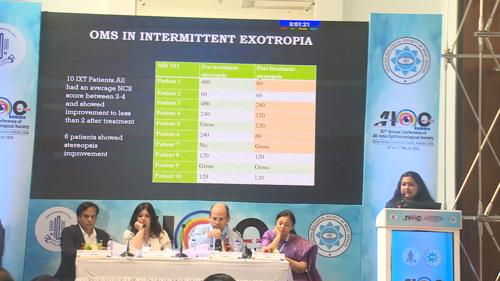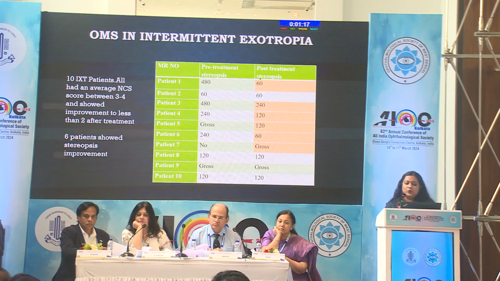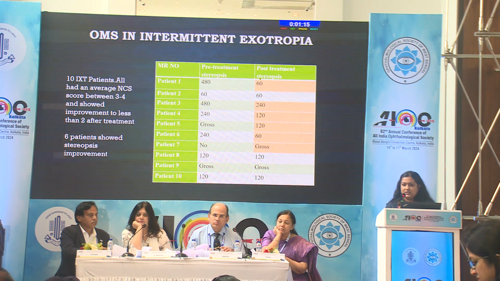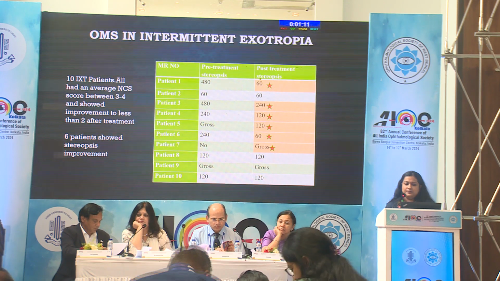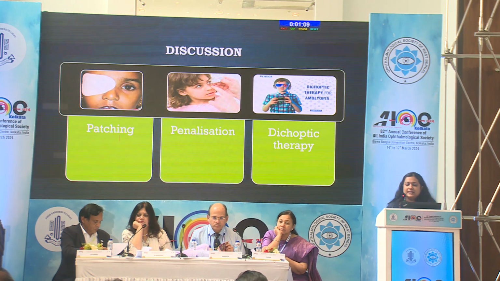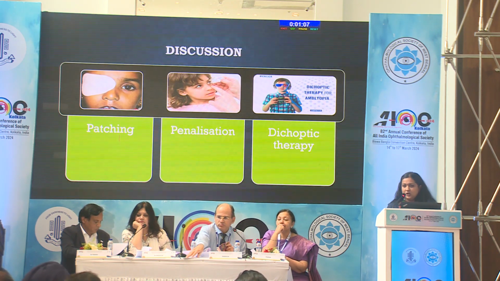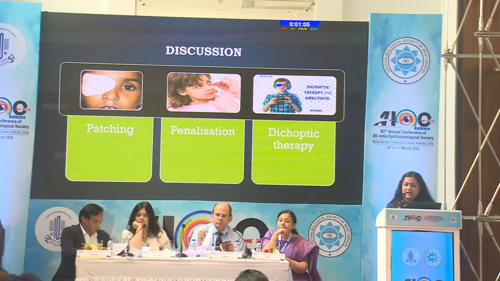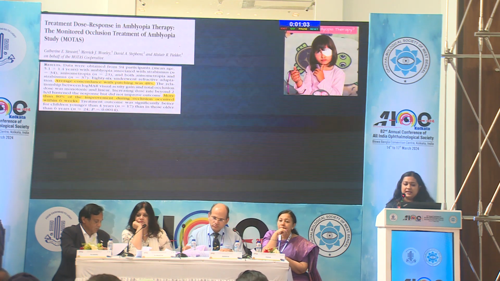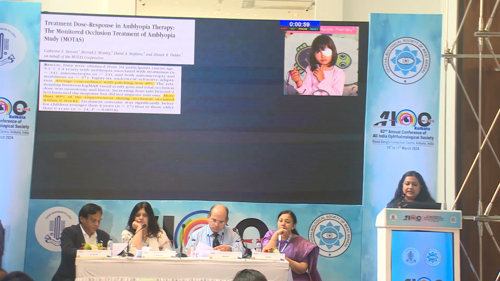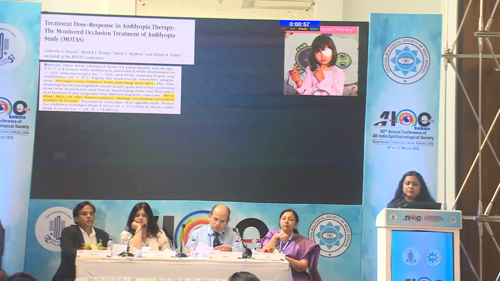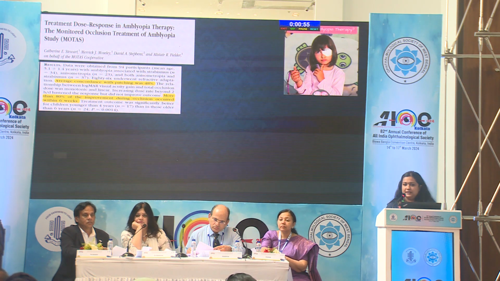In the intermittent exotropia patients, we noticed that the NCS score of 3 to 4 improved to an NCS score of less than 2 after the treatment, and 6 patients showed improvement in stereopsis. We all know these are the main methodologies we follow for amblyopia therapy, but the MOTAS study found that average concordance with patching was 48%, and more than 80% of the improvement during occlusion occurred in 6 weeks.